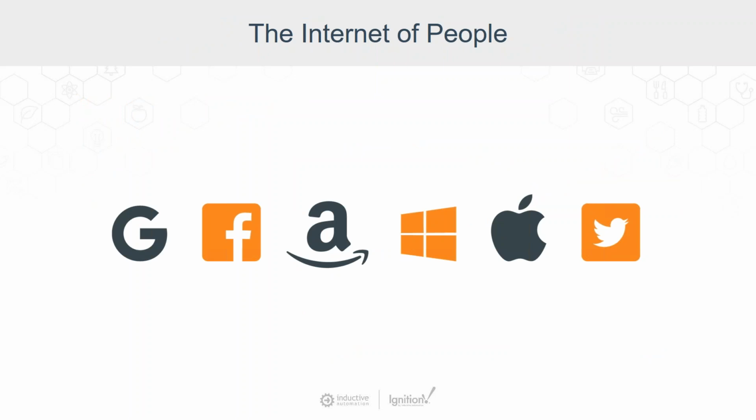Now, what I want to do is give you a sense of why these open protocols are so incredibly important. And I can do that by equating it to the Internet of People, which is all of the applications that we use in our personal lives, from Amazon, from Google, from Apple, Twitter, all the things that we get to use on our smartphones today. All of this has evolved through two important open technologies, and that is HTTP as the message transport, and HTML as a definition of what has been transported.